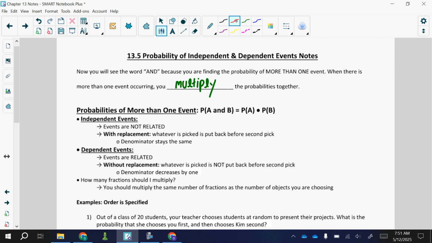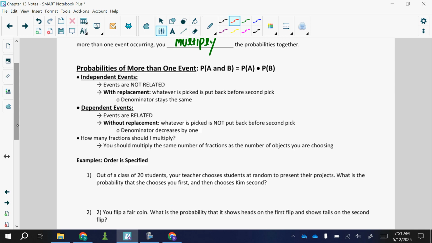There are two different types of probabilities in this case. We call them independent and dependent events, as you could probably guess by the name. Independent events are where the probabilities of one and the other are not really related.